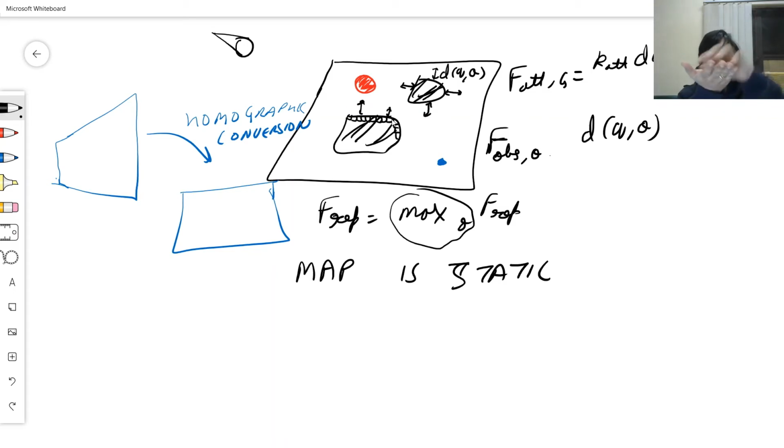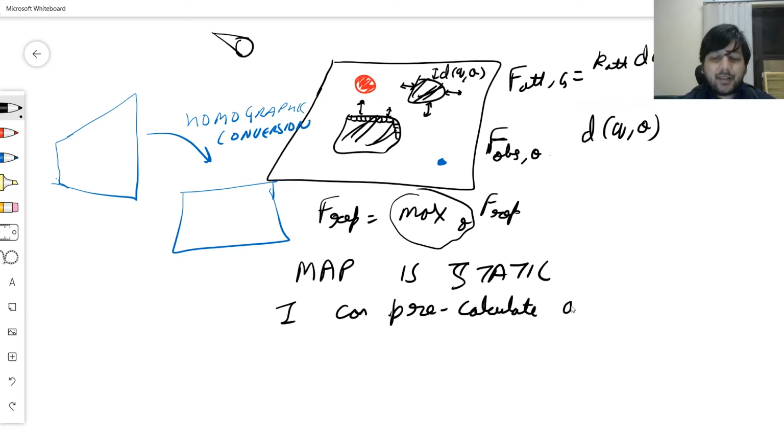You get some obstacles, the map is static. A ceiling camera is looking at it, the map is static. Nothing changes in that map. And because nothing changes in that map, what I can do is pre-calculate all repulsion forces.